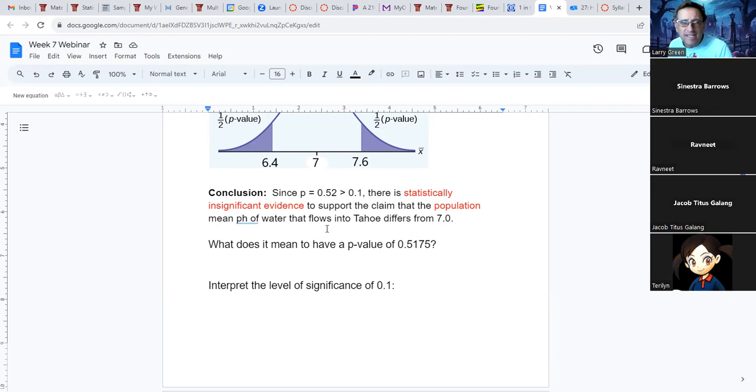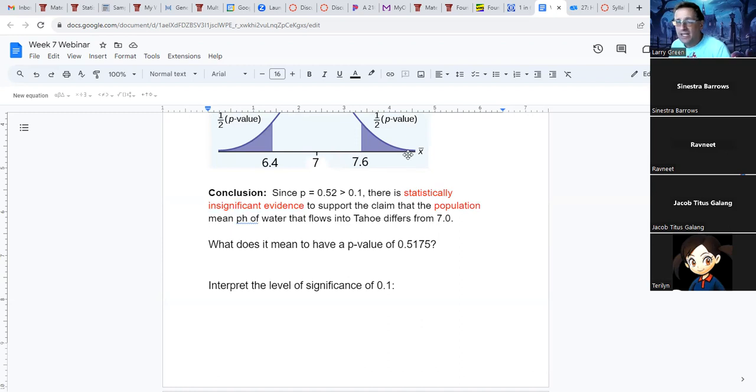If the null hypothesis is true, in other words, if the population mean pH of water that runs into Tahoe is 7.0, and we did another study where we measured 15 streams that flowed into Tahoe, then there would be a 52% chance of having the sample mean pH either being less than 6.4 or greater than 7.6.